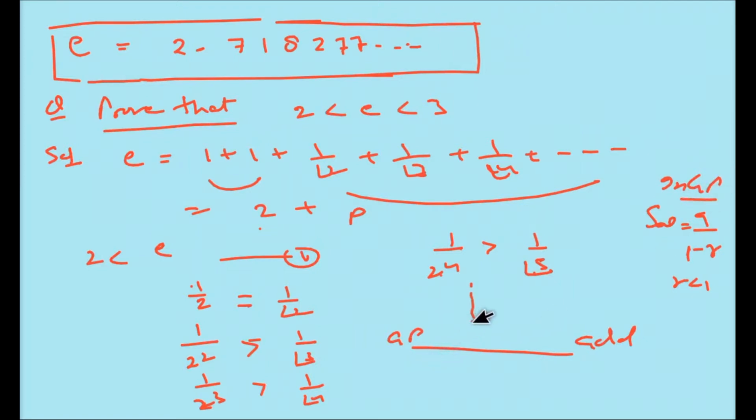Here a is 1 by 2 and the ratio is 1 by 2, so we can write 1 upon 2 upon 1 minus 1 upon 2 is greater than p. Okay student, so after solving this, what do we get? 1 upon 2 upon 1 minus 1 upon 2, that is 1 by 2 over 1 by 2, is 1, so 1 is greater than p.